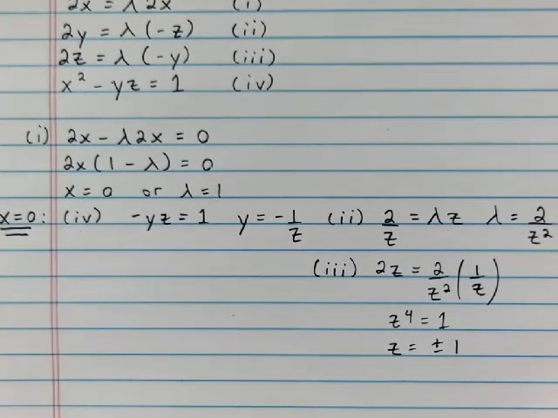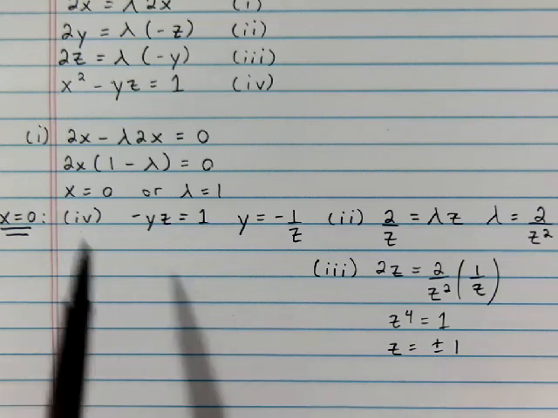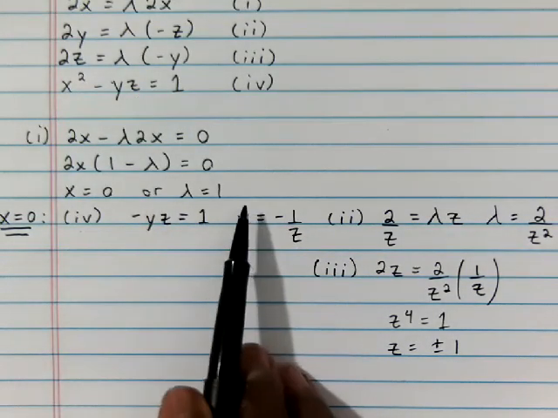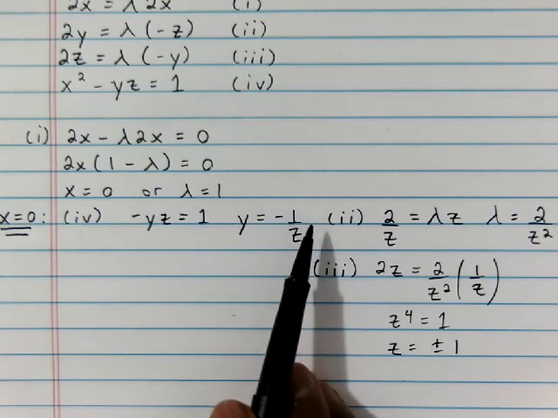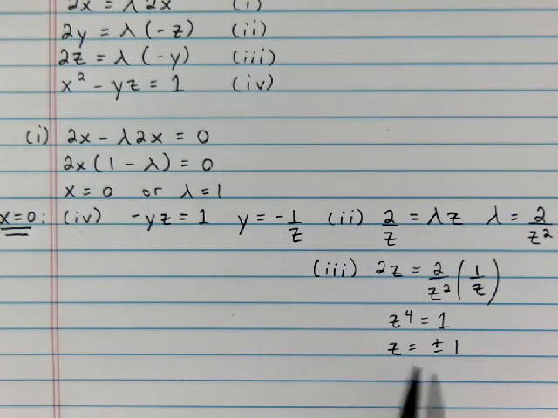And now with that, we have x equals 0, z equals plus or minus 1. You can take that information and plug it back into 4, or you can just use this right here because y is the only thing that we're looking for. So we can use whatever is in this group of stuff where we've isolated y and use it there.